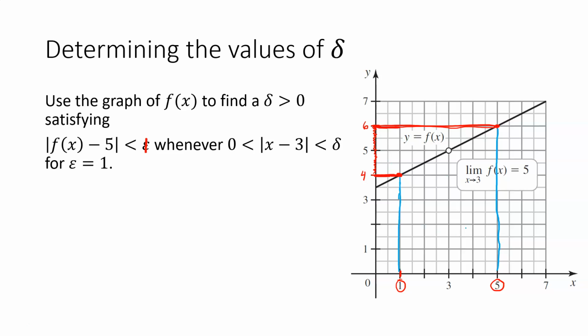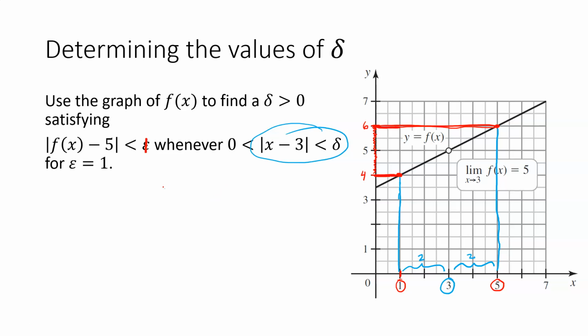So the question is, how far away from 3 are those values? I can see that 1 is a distance of 2 away from 3, and 5 is a distance of 2 away from 3. So it looks like our delta that we're going to choose is 3. I'm sorry, it's 2.